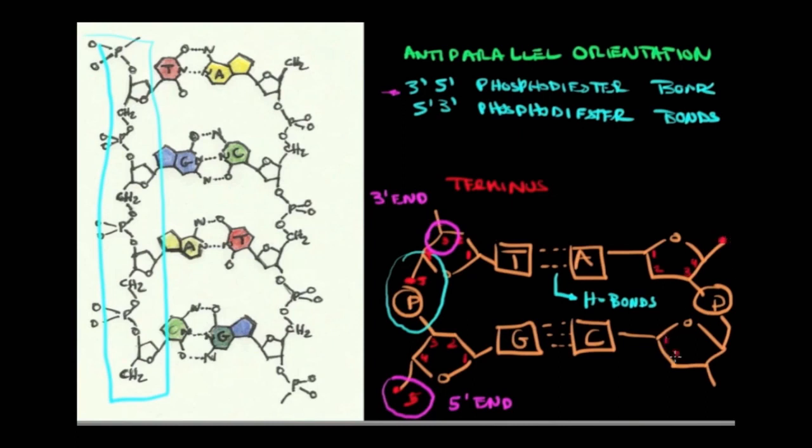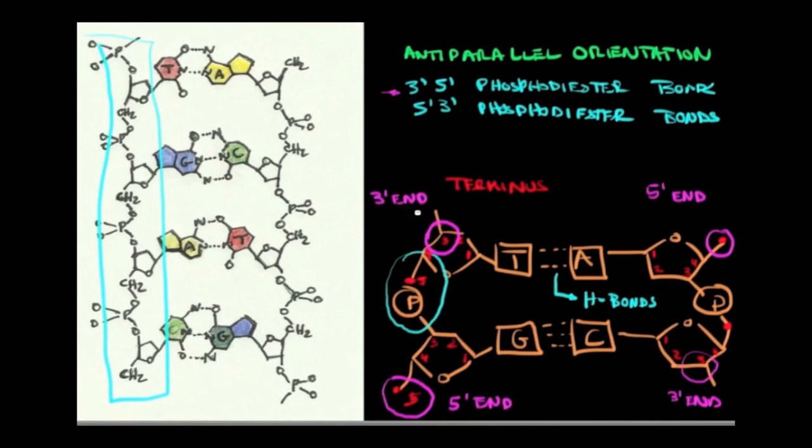And again, 1, 2, 3, 4, fifth carbon here. And when you look at this terminus, you find a carbon in the fifth position. So this is a 5' end of the molecule. And here, at the end of this terminus, you find a 3' end.